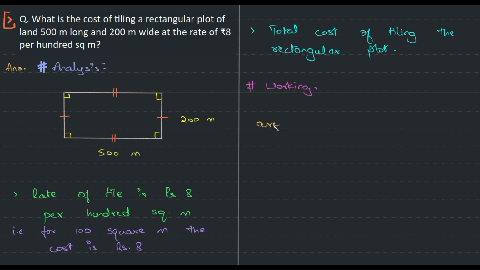Working. Okay. First thing, what is that we need to figure out? Area of the plot, right? So in this case, it's equal to area of the rectangle, which is given by your length into width. Or if you guys want to write it as length into breadth, that is also okay. Both are okay.